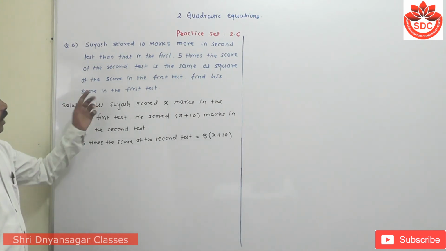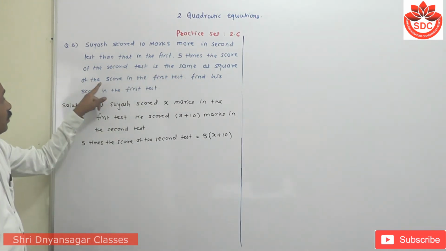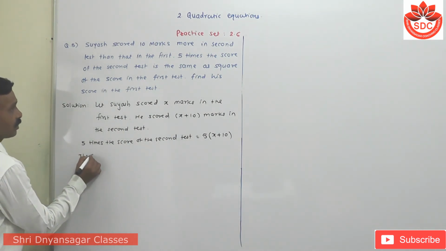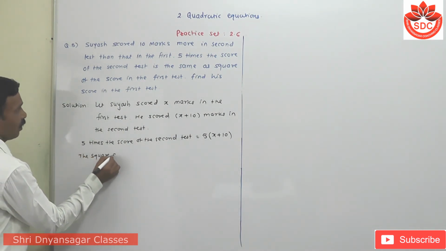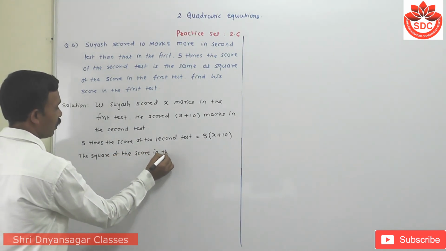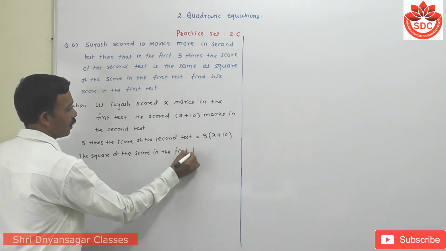Then we also have to find the square of the score in the first test. In the first test Suyash's score is x, so that is x square. Then from the given condition, 5 times the score of the second test, 5 in bracket x plus 10, is equal to the square of the score in the first test.